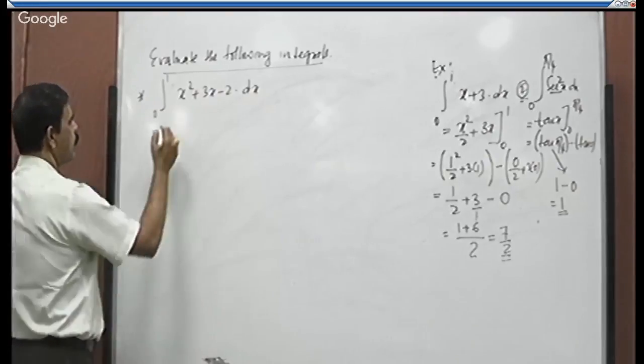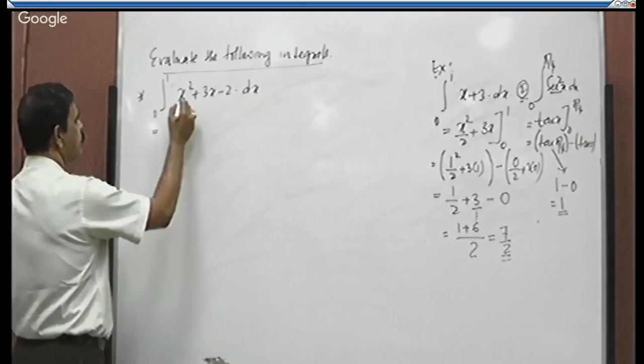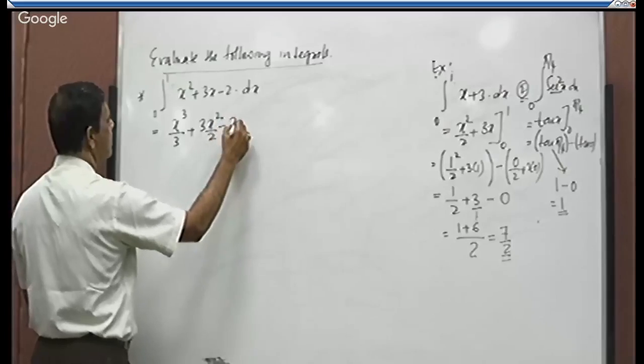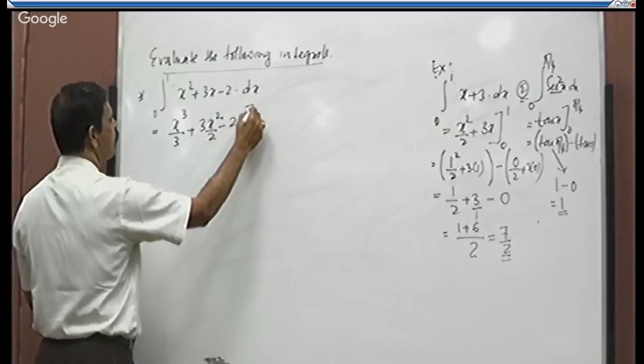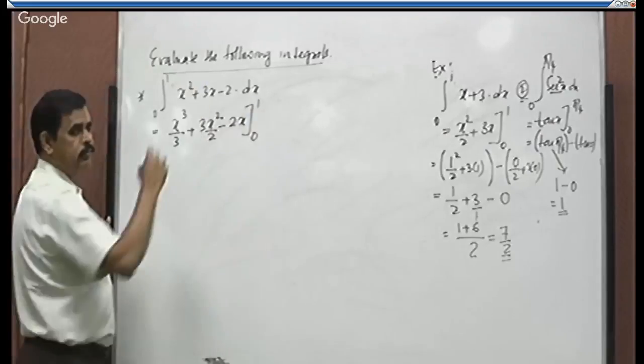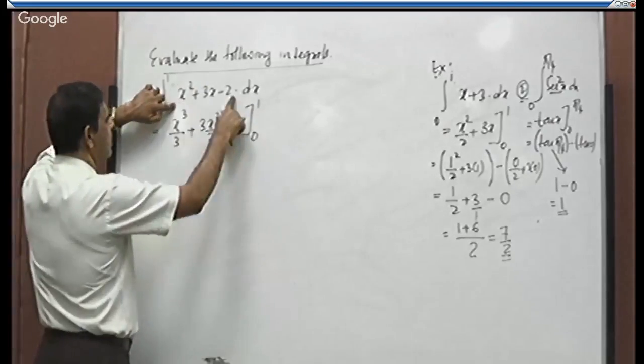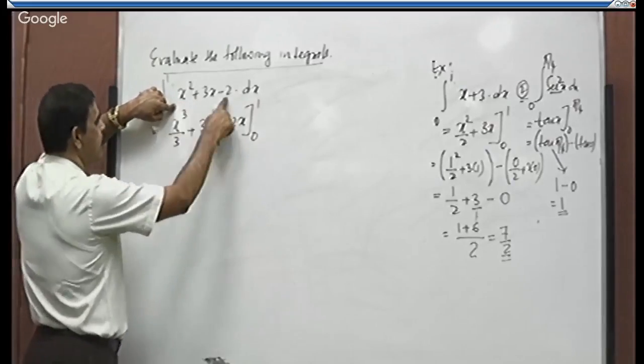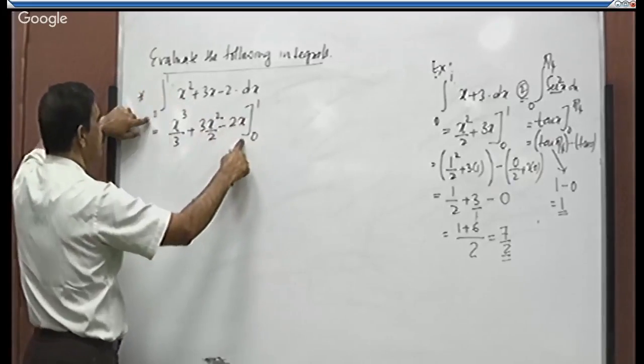Correct? Integration of x square, plus integration of 3x, minus integration of any constant is constant into variable, 0 to 1. After integration, so this is learned in indefinite integration, we have to put a bracket and take the limit.